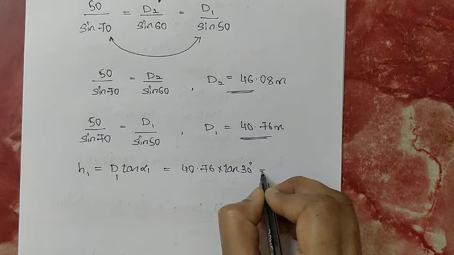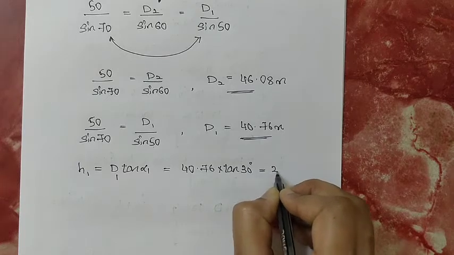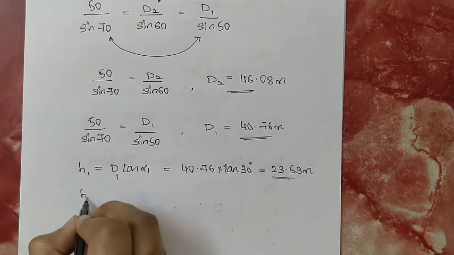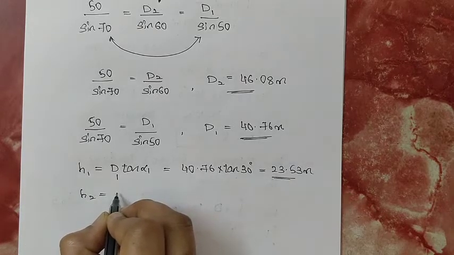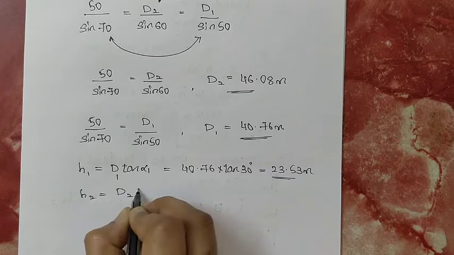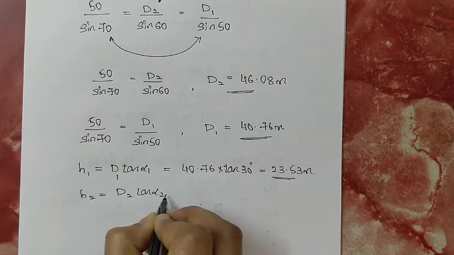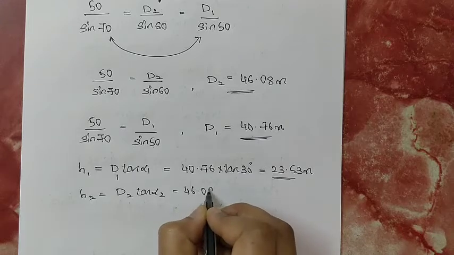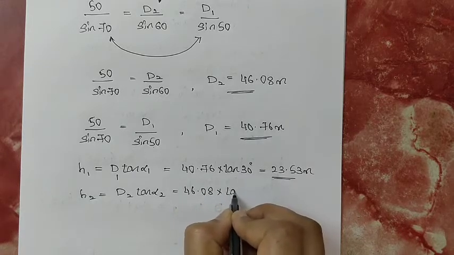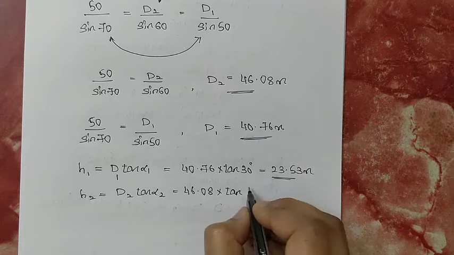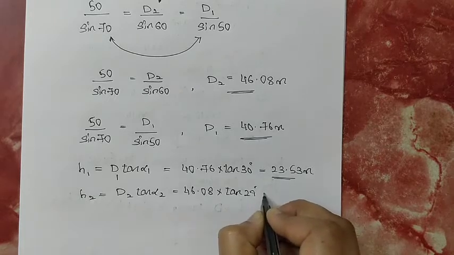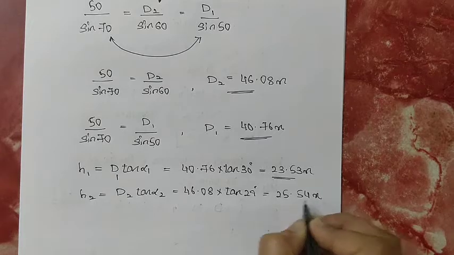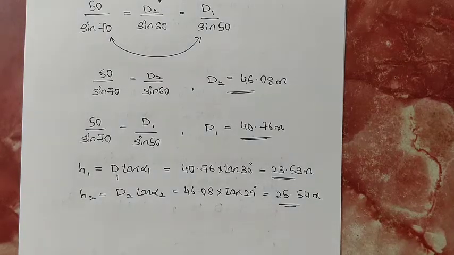Then you will get H1 as 23.53 meter. Similarly calculate H2, which will be equal to D2 into tan of alpha 2. D2 is 46.08 into tan of alpha 2, which is 29 degree. Then you will get H2 as 25.54 meter.